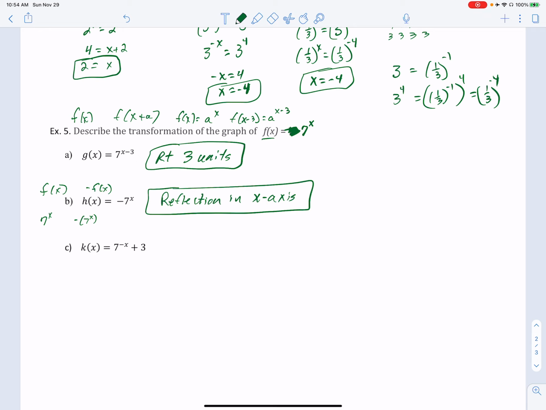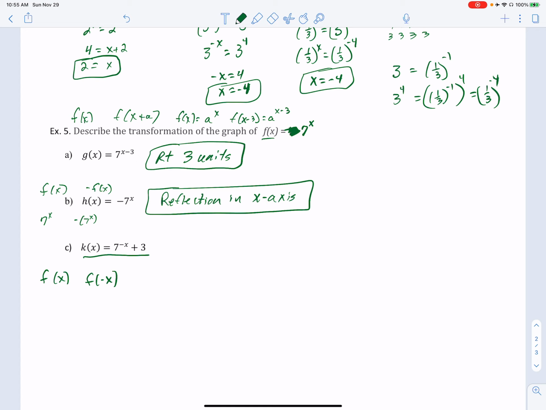And when you have a function for part C, f of x, and you replace the x with the opposite of x in that equation, that is a reflection in the y-axis. So this particular transformation has two things happening.